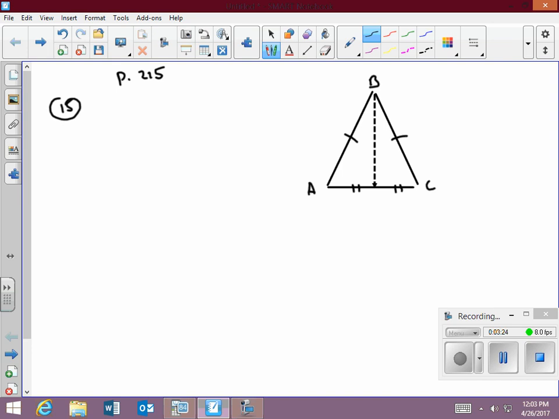So, what we want to prove, and then I'm going to put D, that BD is the perpendicular bisector of AC.